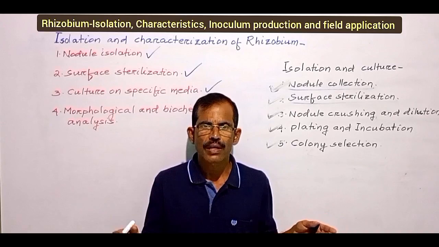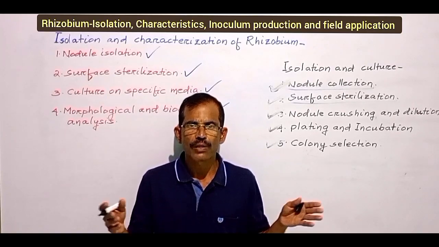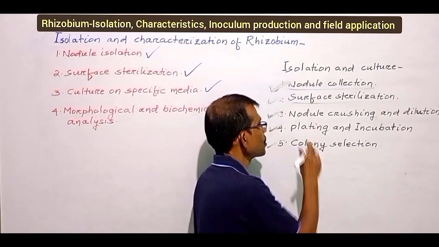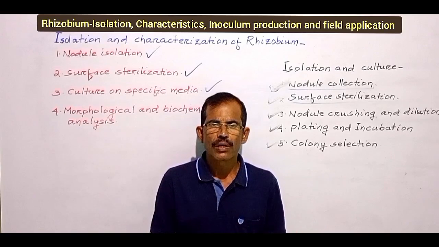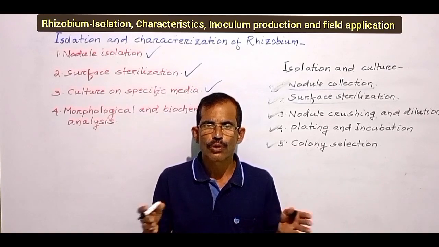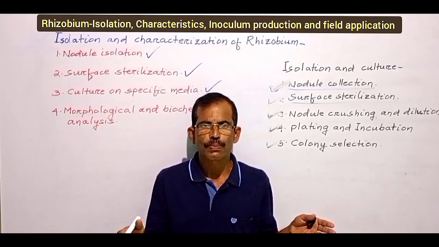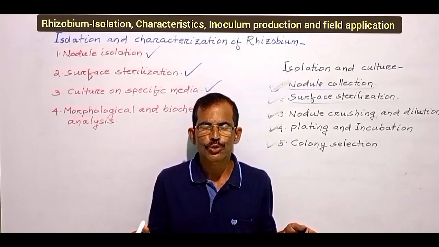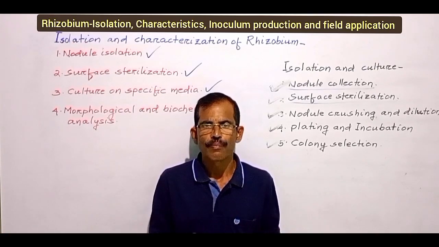First of all, let us know about the isolation and culture of Rhizobia. First step is nodule collection. Rhizobium resides in the soil as well as in the root nodules. However, healthy root nodules from mature plants, preferably legumes, are used for obtaining contamination-free Rhizobia.